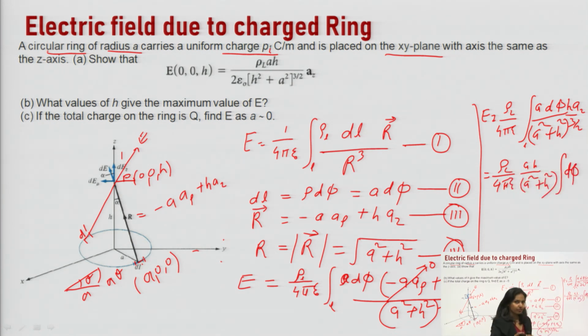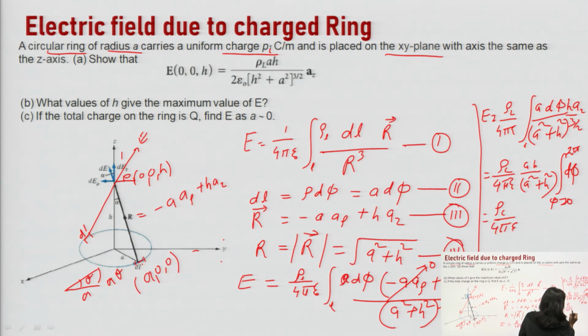Now we know that phi is varying from 0 to 2 pi, so we will put the limit here, phi is equal to 0 to 2 pi. After simplifying it, it will give rho L by 4 pi epsilon, A h by (A square plus h square), multiplied by 2 pi.